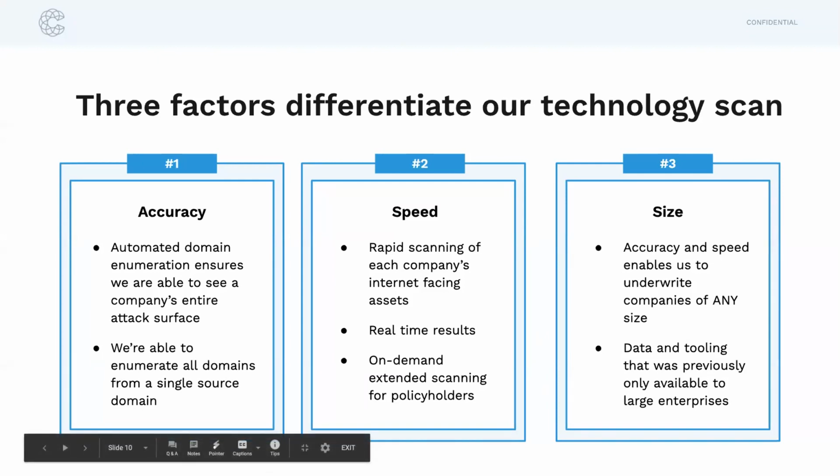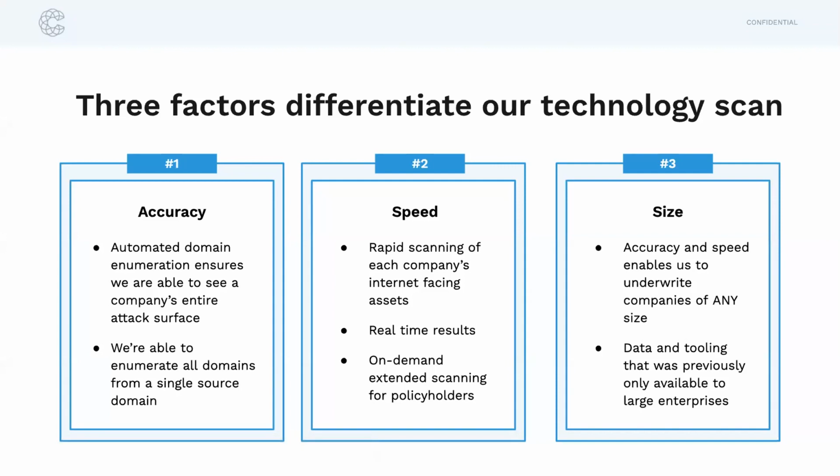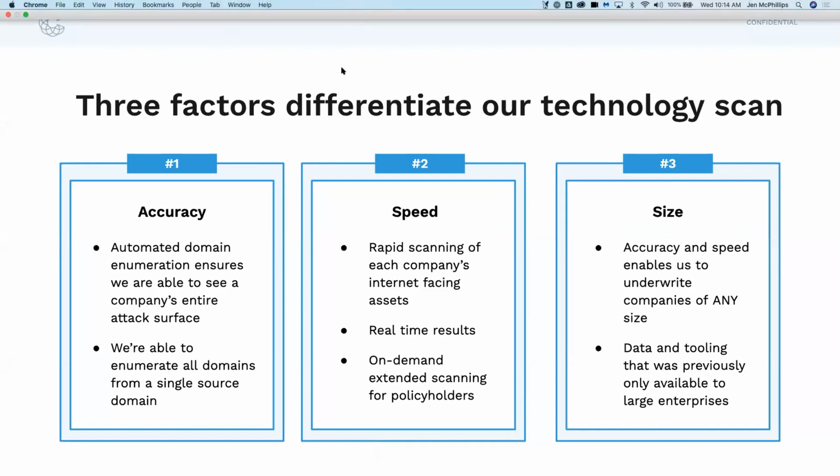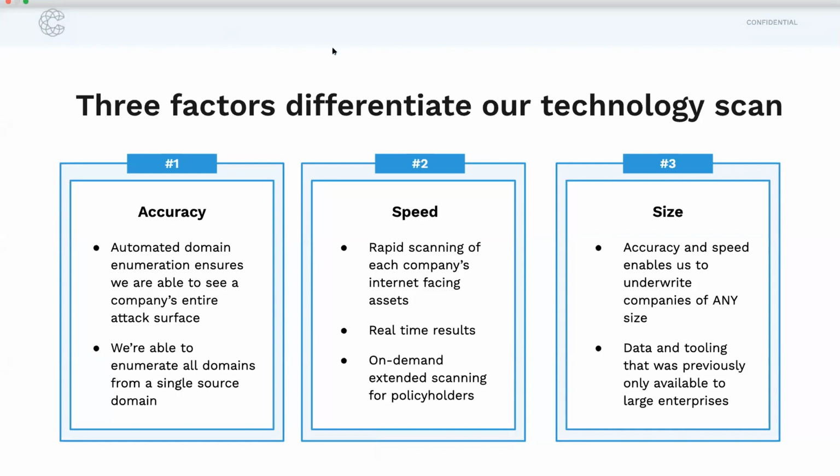So the first thing we need to do is accurately identify all of the internet-facing assets. We put a lot of effort on that front, and we use the term enumerate. We start with typically a single domain for an organization, and from there we enumerate out and build up a list of everything that's related to that company.